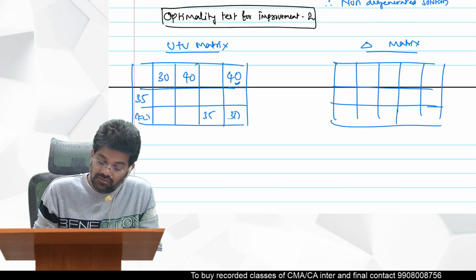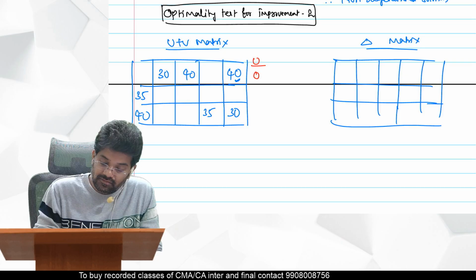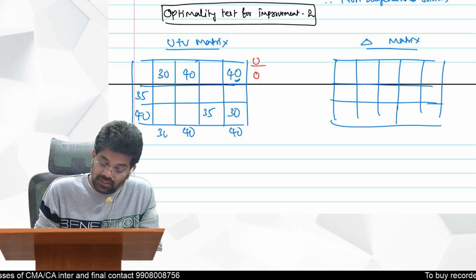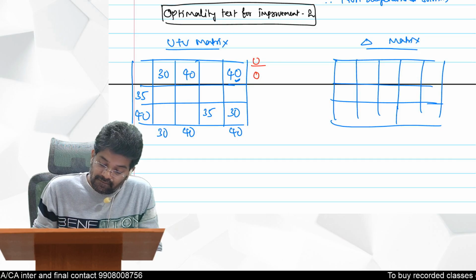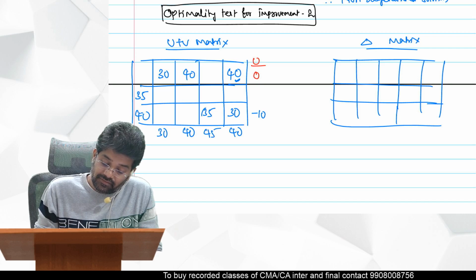Okay. Now U plus V, take U as 0, then V. So 40 plus 0, 0 plus 40, 40. 30. So 40 minus 10 will be 30. Then 35 is the cost inside, so this will be 45. 45 minus 10 will be 35.